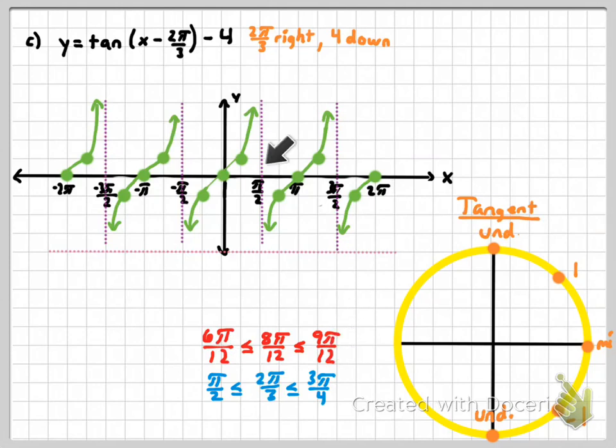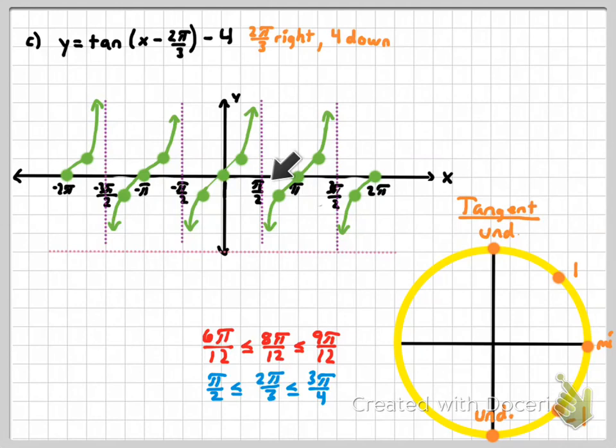And on our graph, if this is pi over 2, this is 3 pi over 4, since that's pi, right? My point is that 2 pi over 3 units is a little bit less than 3 bars. If you go 0, pi over 4, pi over 2, and then here's 2 pi over 3, almost 3 units over.